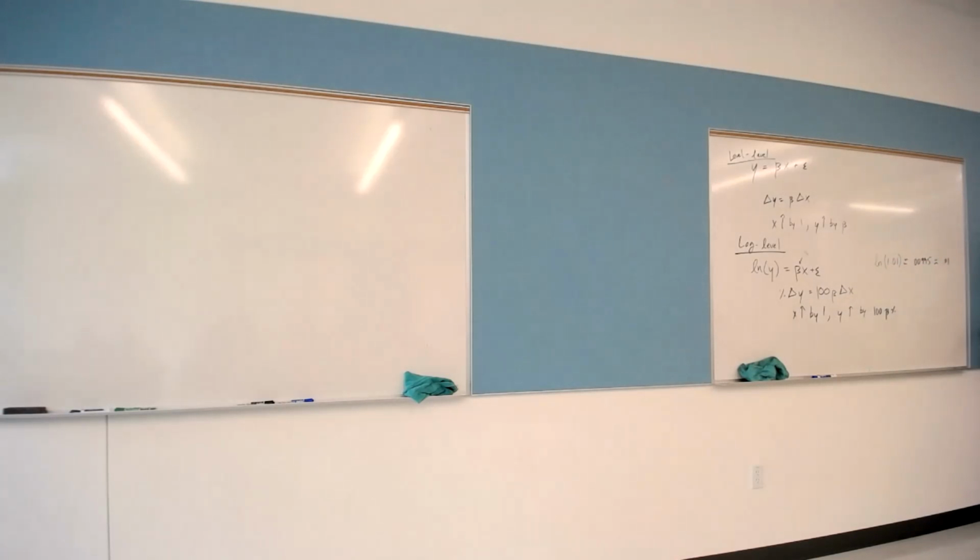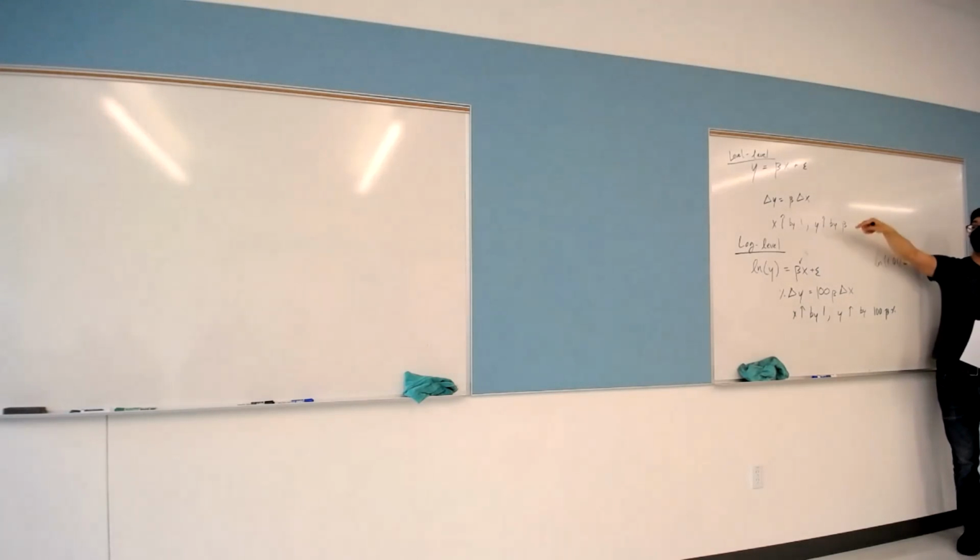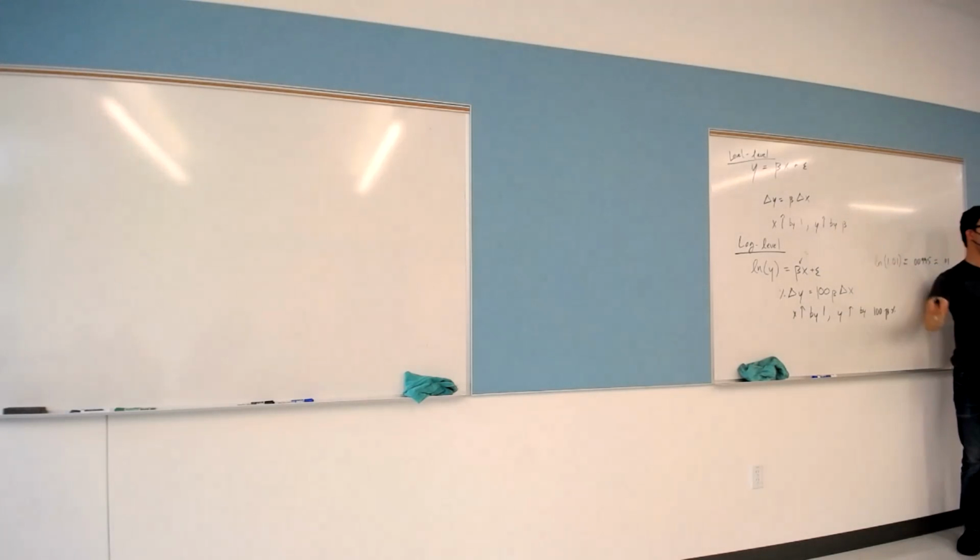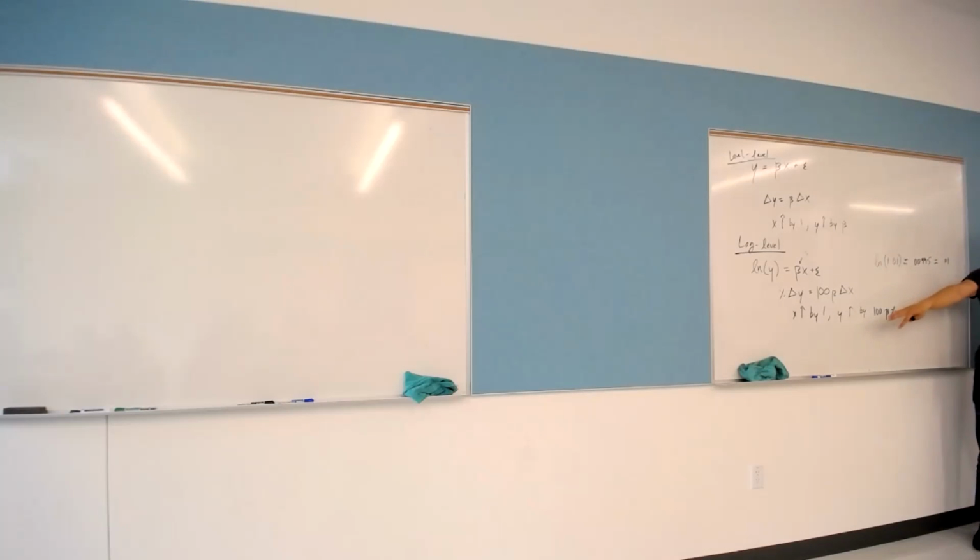So thankfully, this allows you a simple interpretation when you have log-level models, analogous to where we say x goes up by 1, y goes up by beta. Here we can say x goes up by 1, y goes up by beta percent. Okay.